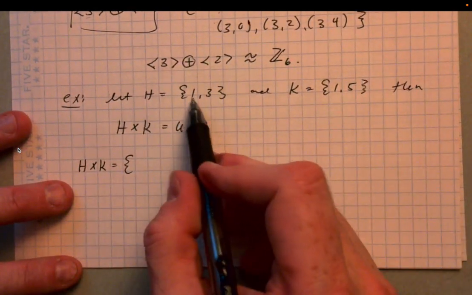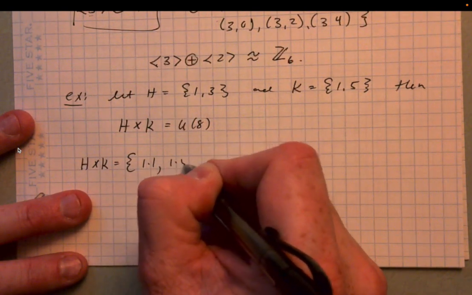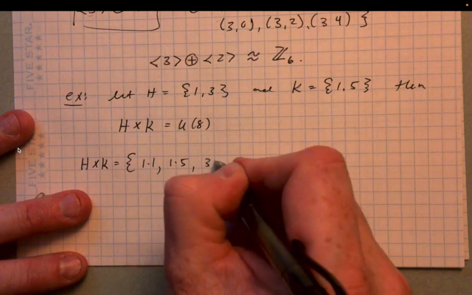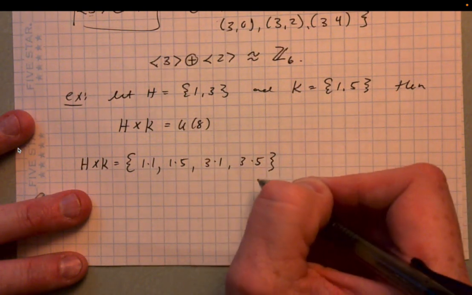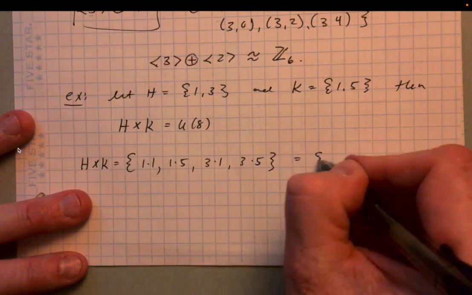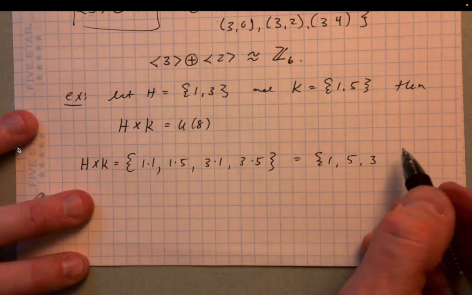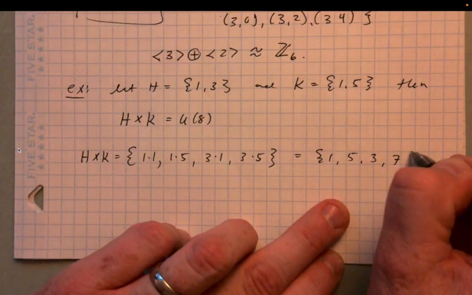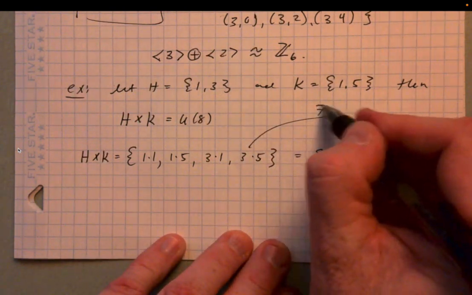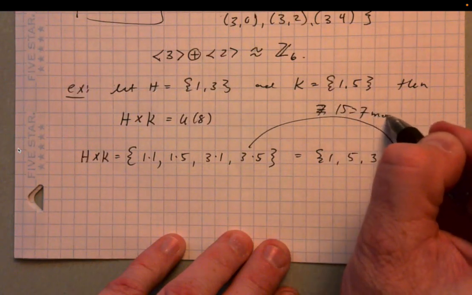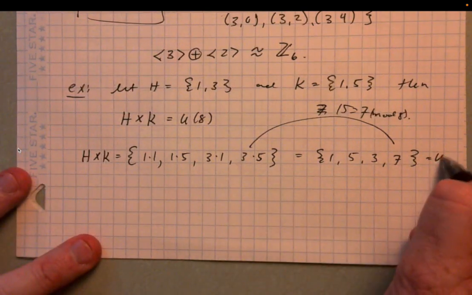So multiply everything in H by everything in K. So it'll be 1 times 1, 1 times 5, and then 3 times 1, and then 3 times 5. That's everything, right? So you get 1, 5, 3, and then 15, which is 7 mod 8. So 15 equals 7 mod 8, so be careful of that. Right, but this is obviously equal to U8.